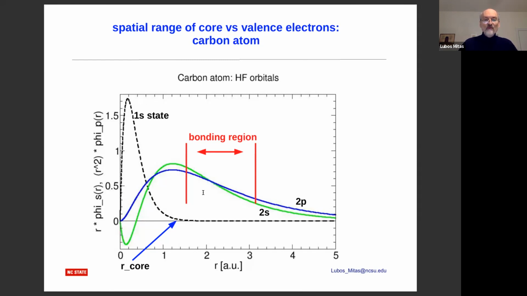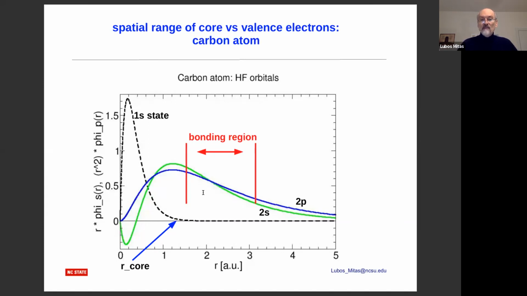One is very close to the nucleus, where the 1s state has its maximum, and its tail goes down exponentially quickly. And then we have the valence states 2s and 2p, which have some amplitudes in the core region, but their tails go way out.